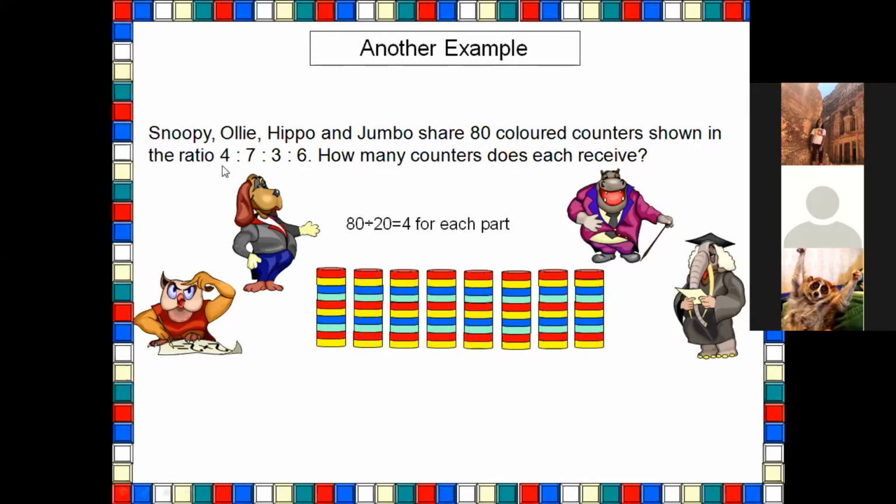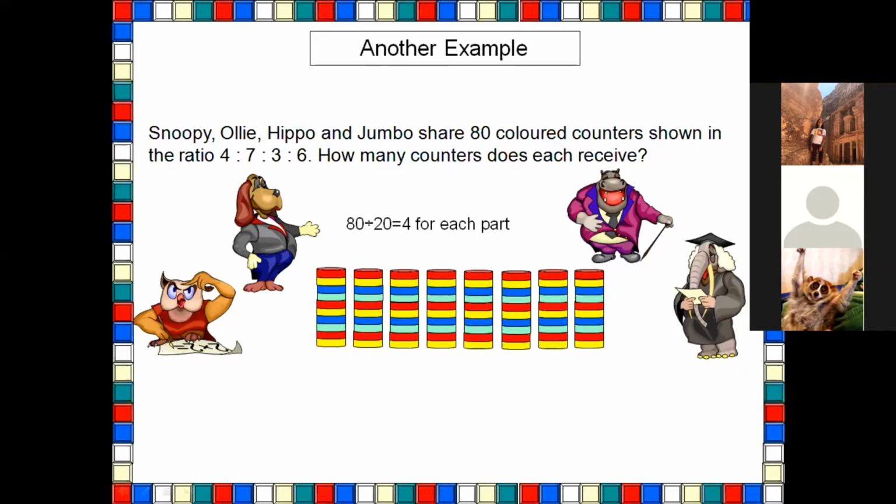He gets the first part of the ratio. Always, the ordering of the names is related to the order of the ratio. Snoopy, 4. Ollie, 7. Hippo, 3. Jumbo, 6. Okay, now, where does the ratio come from? Whatever, it's just from the question. How many counters does each one receive?